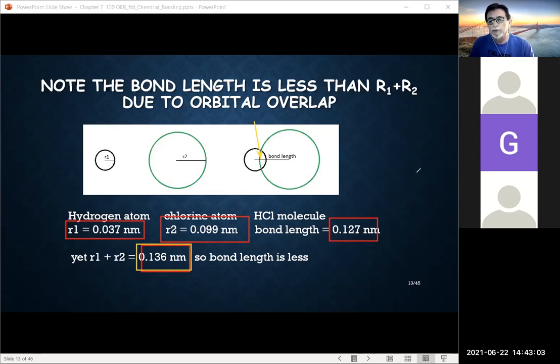And so we know that the chlorine has 1, 2, 3, 4, 5, 6, and 7 valence electrons. Those are these dots I put around. And we know that the hydrogen has 1 electron on the valence shell. Guess what? Look at this.